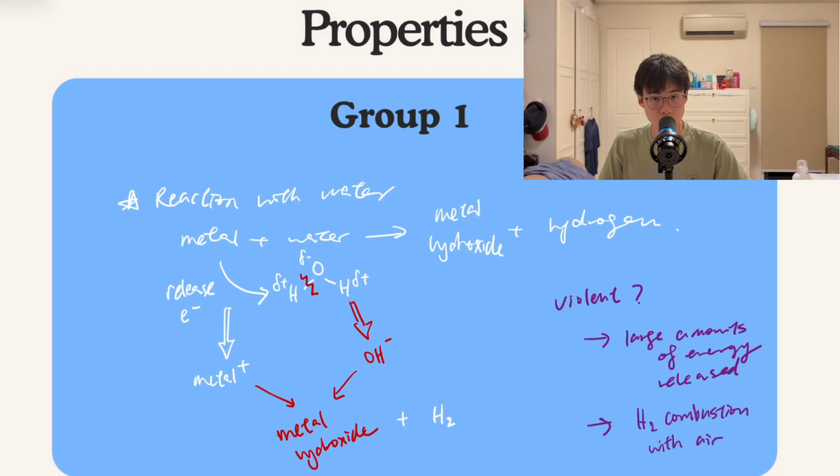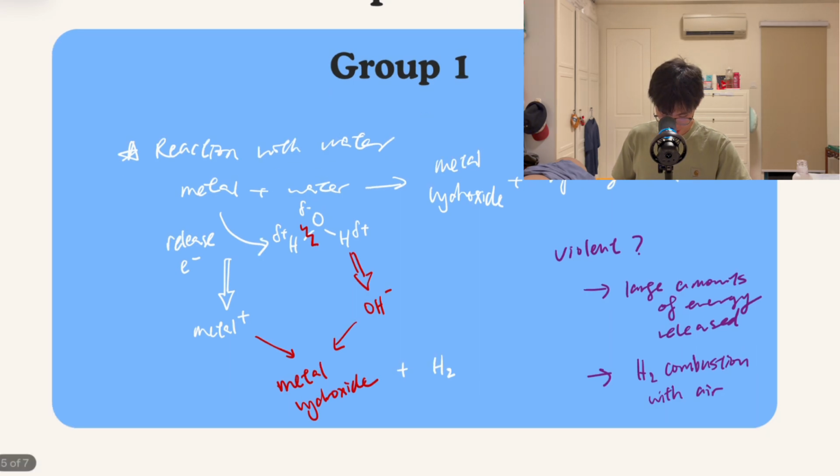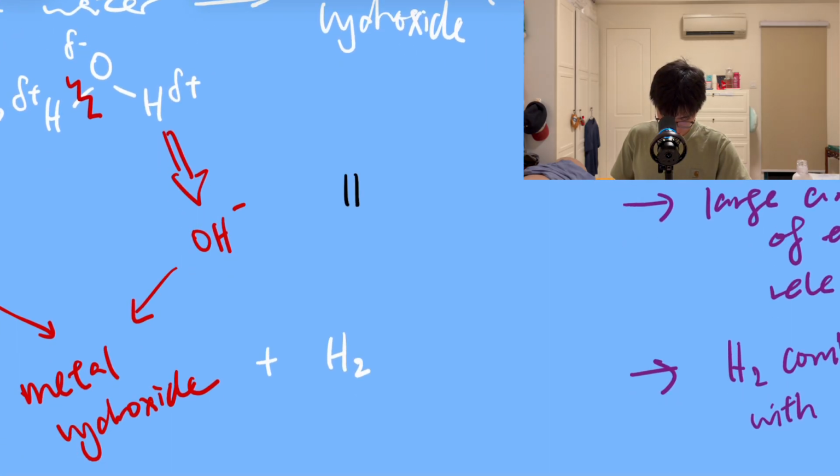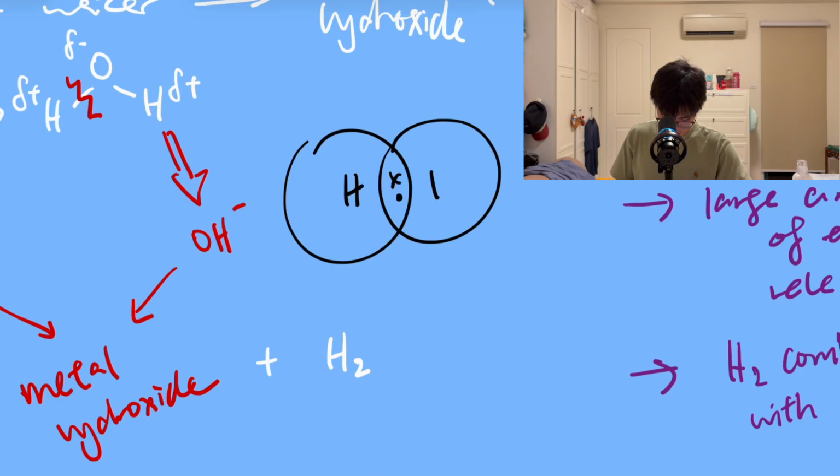So two hydrogen atoms binding covalently to form a hydrogen molecule. So I can draw it here. It will form this, and it will bond covalently. Hydrogen molecule. It will do this.